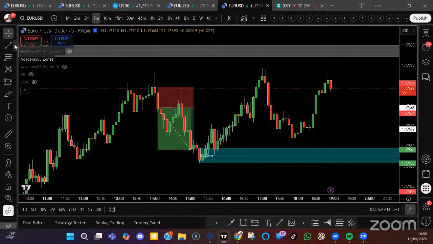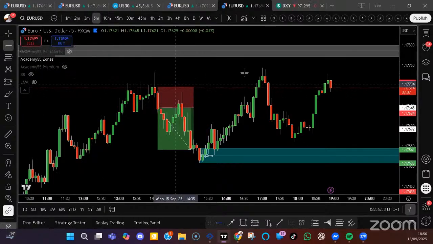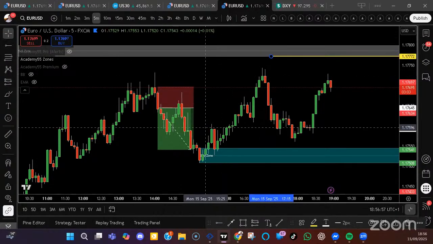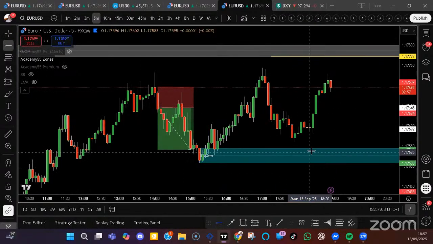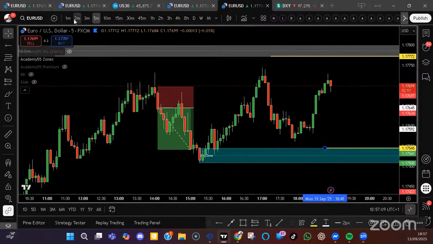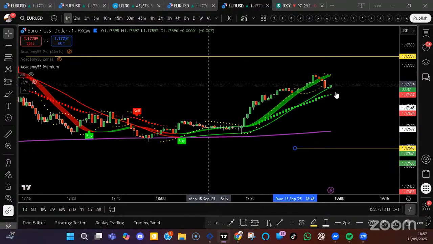What we need to do is put on the horizontal ray for the sell zone. As you can see, we're not quite there yet, but also the buy zone. And we're in between the zones at the moment. So we'll go back to the minute time frame, put the indicators on for that one.